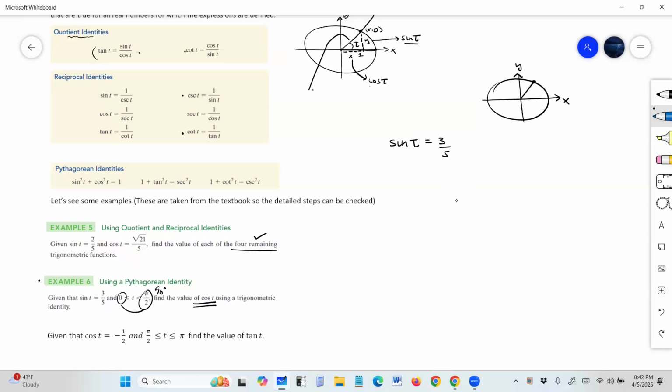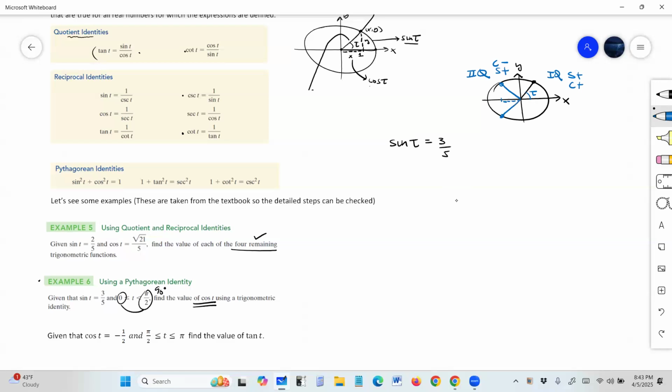So here's my angle. In this quadrant, sine is positive and cosine is positive. In the second quadrant, sine is positive, and as you can see here, cosine is negative.